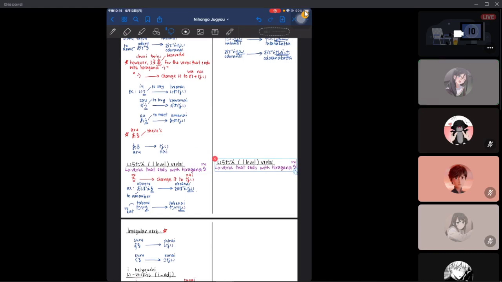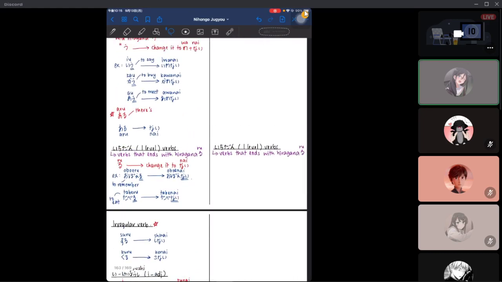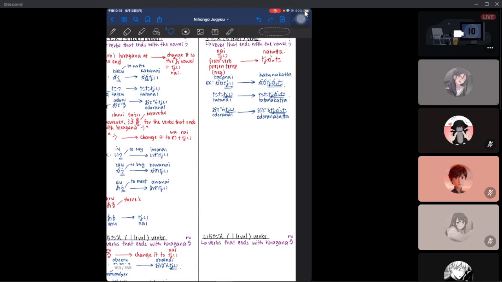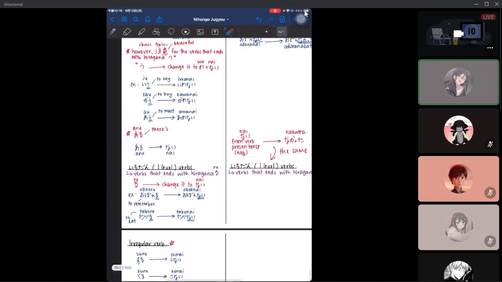The next example would be ichidan. This one is basically the same way as this one. For example, oboenai.